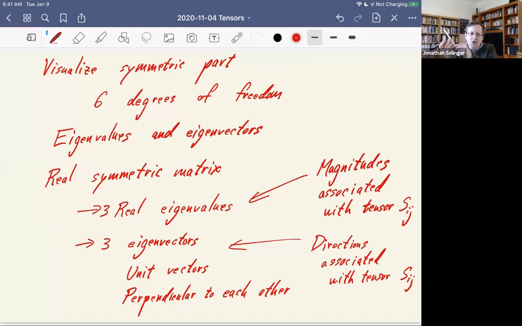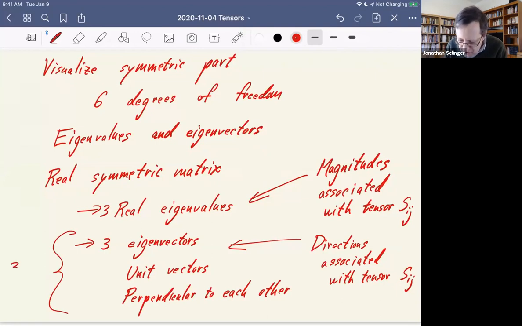Then the third unit vector has to be perpendicular to the first two. So it's locked in to the first two, and it doesn't need any angles to define. So we need three numbers, three angles, to define these three eigenvectors that are mutually perpendicular unit vectors.